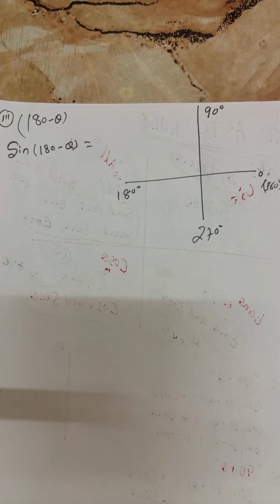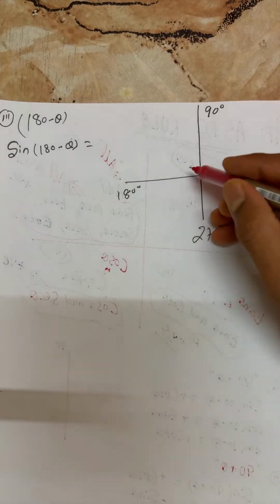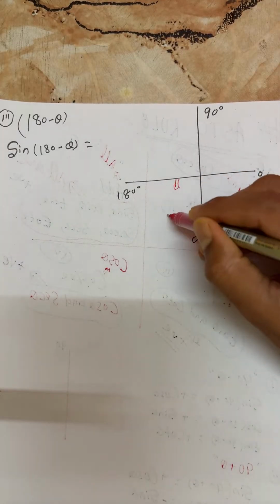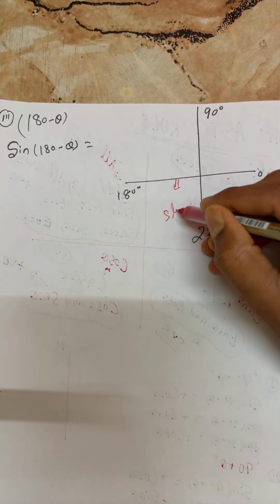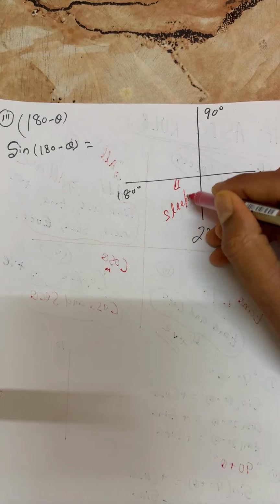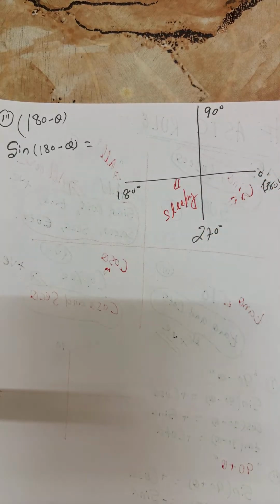Now I'm giving you a short trick. This is the horizontal line, or you can say the sleeping line.